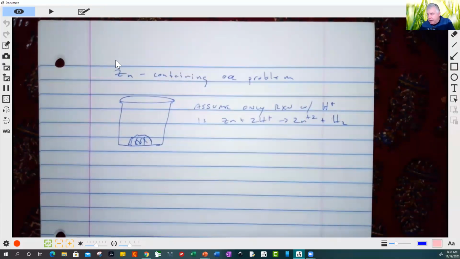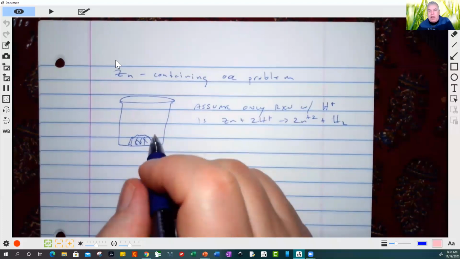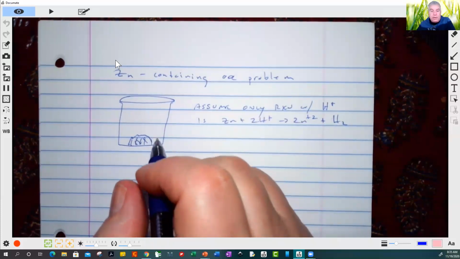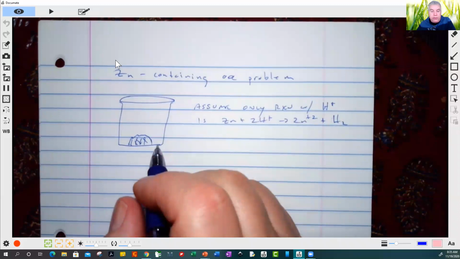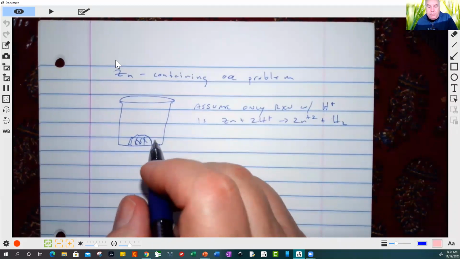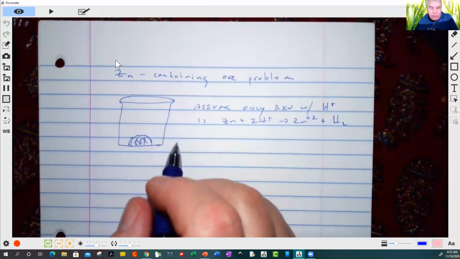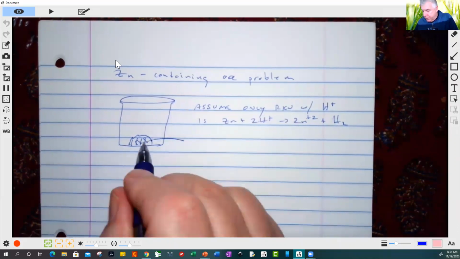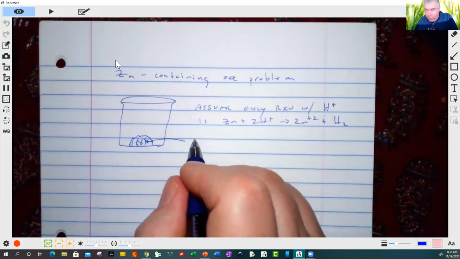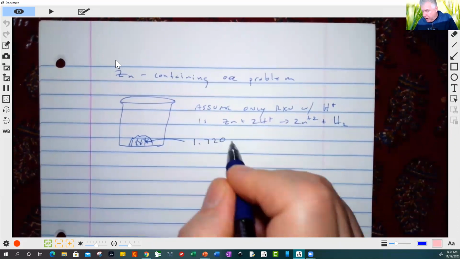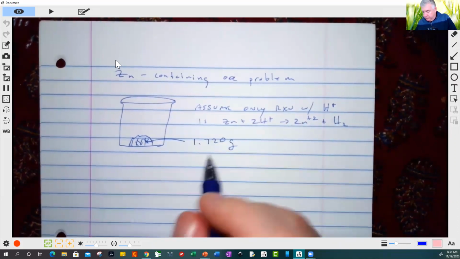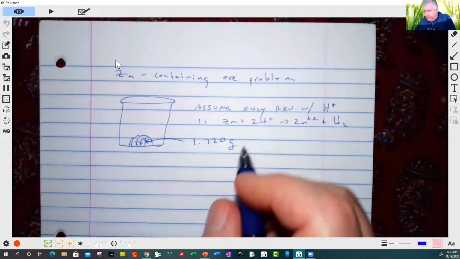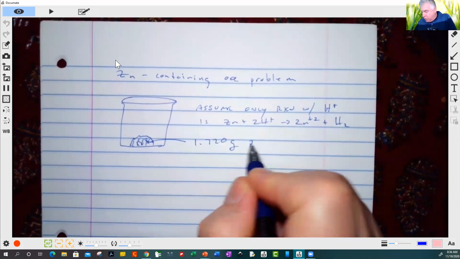So if we were to take a specimen of, let's see, how much of this we have? This is 1.720 grams of this stuff, our zinc ore.